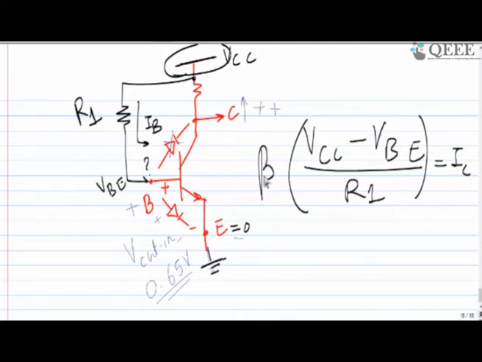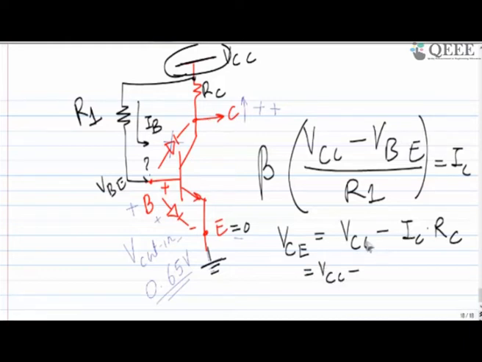Similarly, if this is RC, then your VCE, where E is 0, so VCE is equal to VC, actually is equal to VCC minus ICRC. You have to look at this VCC minus ICRC, that will give me VCE. IC is known to me already.